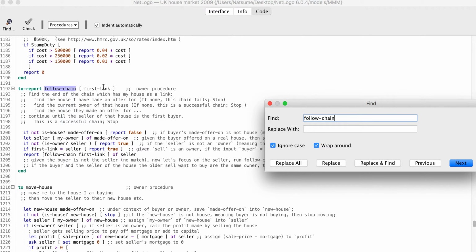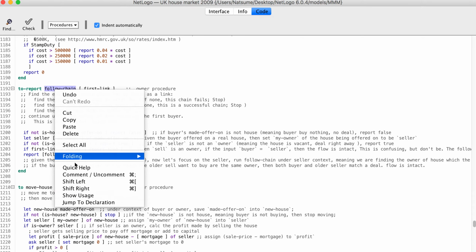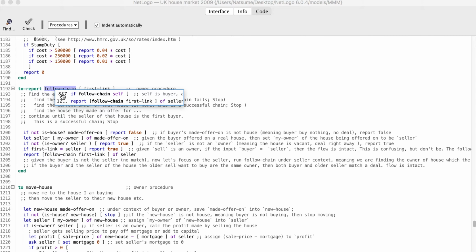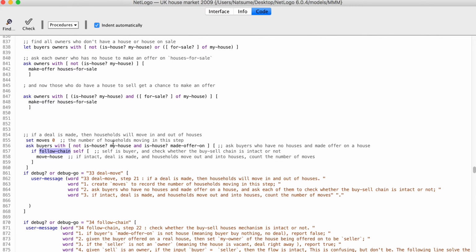Okay, the first link is a buyer. And also we actually should look at its background, its upper level situation. So the context is buyers, and the self is also buyers.